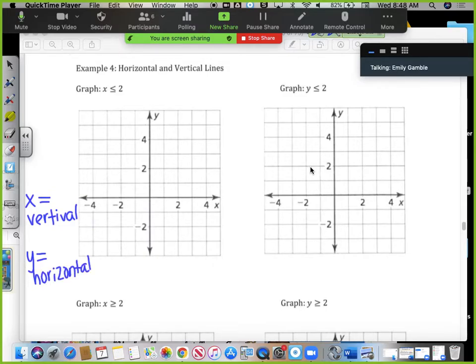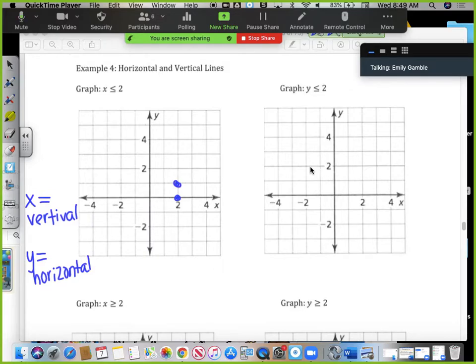Now, these obviously aren't going to have x equals or y equals because we're not working with equations anymore. We're working with inequalities. But if we were to graph x is less than or equal to 2, I would pretend like it is x equals 2. X equals 2 is a vertical line. So on the x-axis, you go to 2, and I know it's going to go up and down.